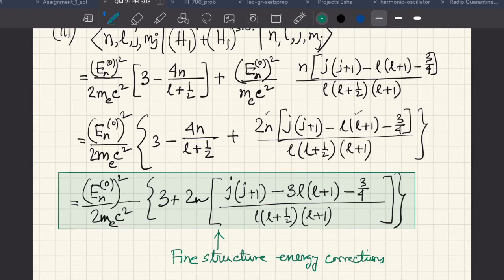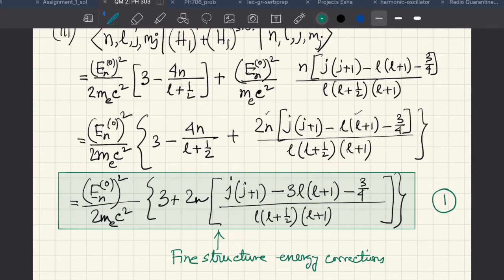Now let me denote this expression by equation 1. In this equation 1, the states in a coupled multiplet are characterized by L, J, Mj, and each multiplet as a whole is shifted according to this equation only. The degeneracy within the multiplet remains unbroken as usual because there is no explicit dependence on Mj.